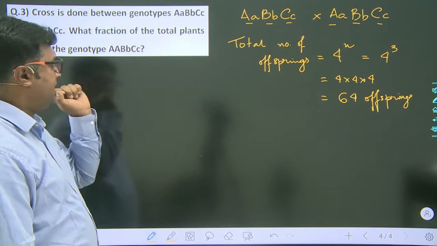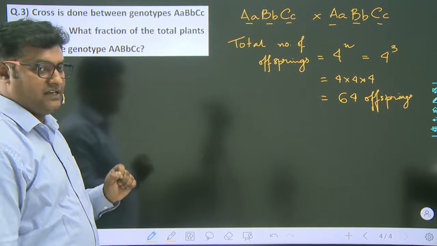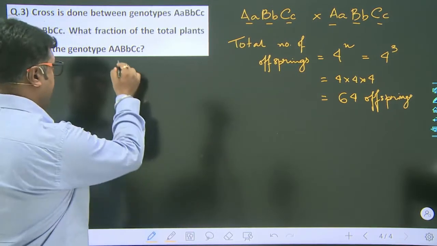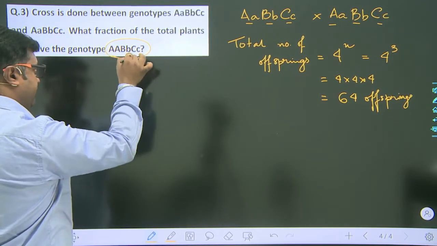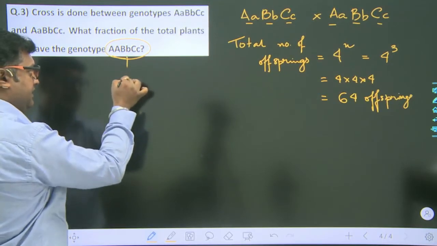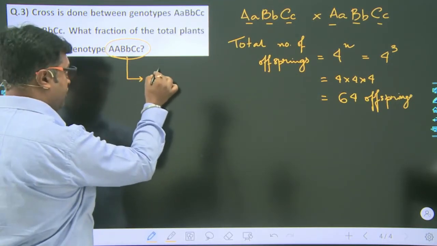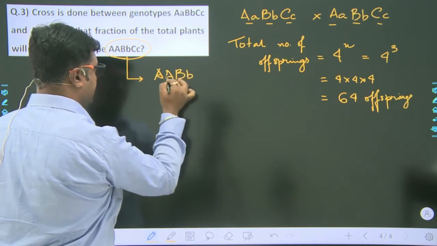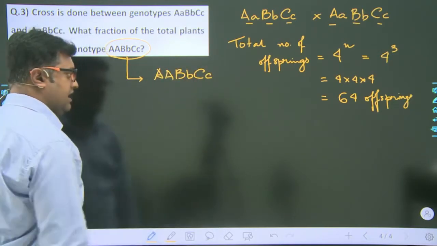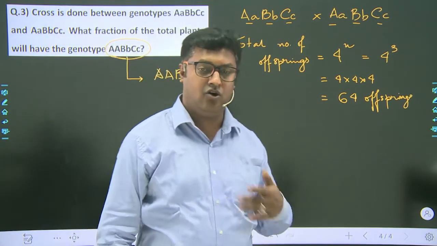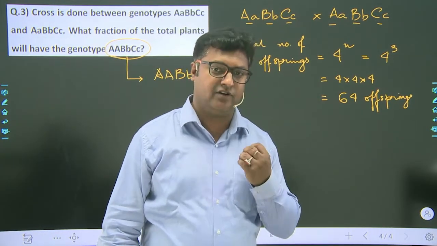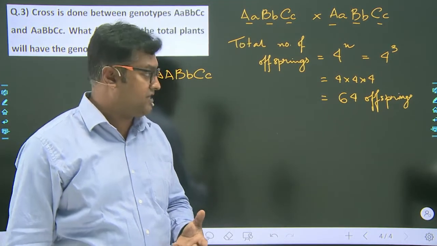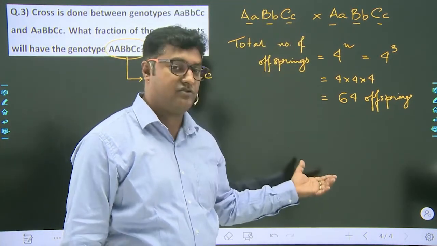But what is being asked? Here it is being asked, when this is crossed with this one, how many of the genotype capital A small a, capital B small b, capital C small c will occur? This kind of question will take much time if you do the entire crossing.